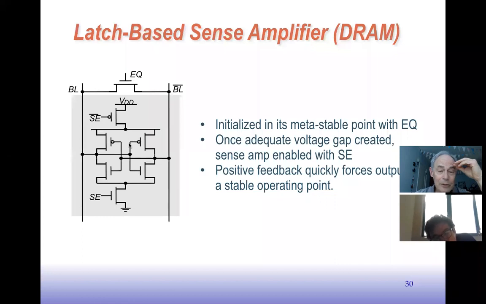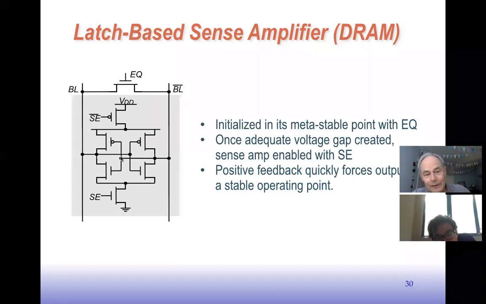And what it's going to do is go one way or the other, right? So if there's a slight bias when we turn the power on to the cell, that this right side is slightly higher than the left side in voltage, that will act like a 1, and the other side will act like a 0, and the cell will then snap its output to VDD and ground very quickly, right?